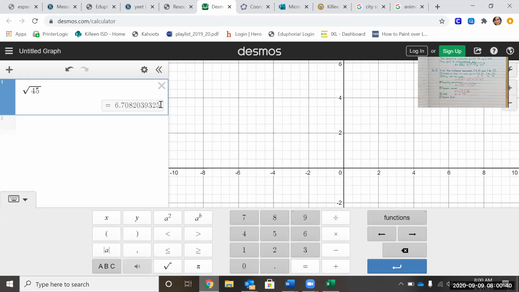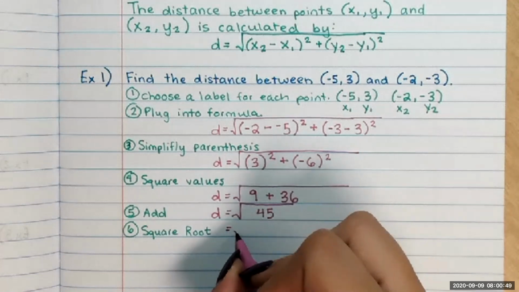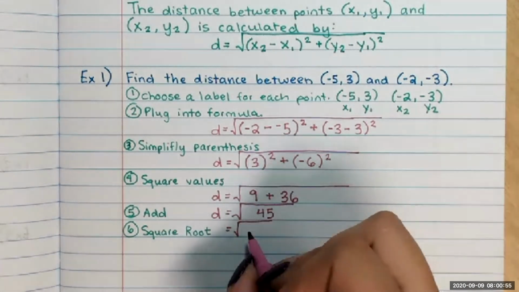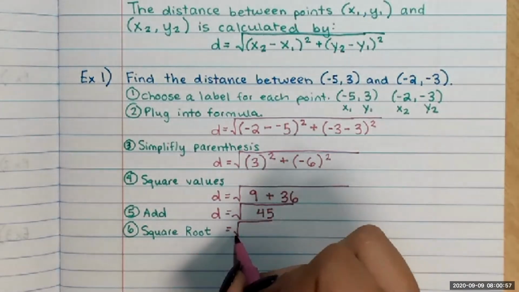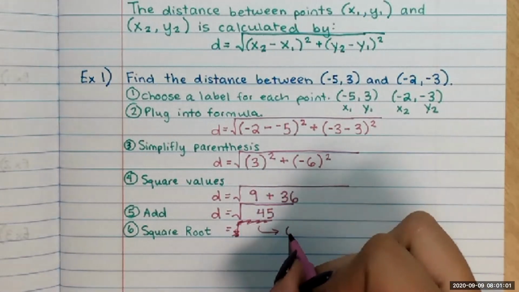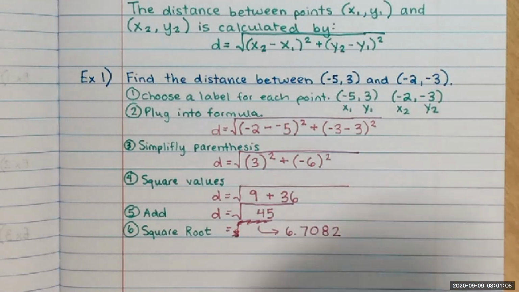So then I go back here, and I know that that was equal to, I can't have both up at the same time. I put the square root, that's my bad. 6.7082, blah, blah, blah.